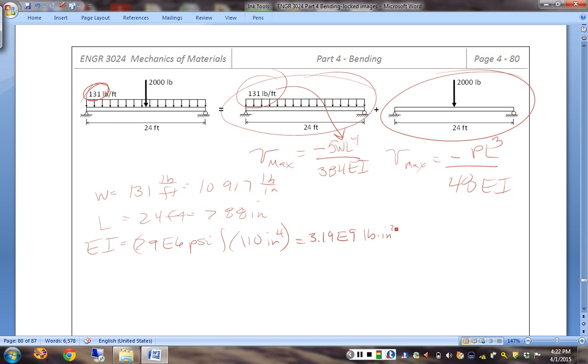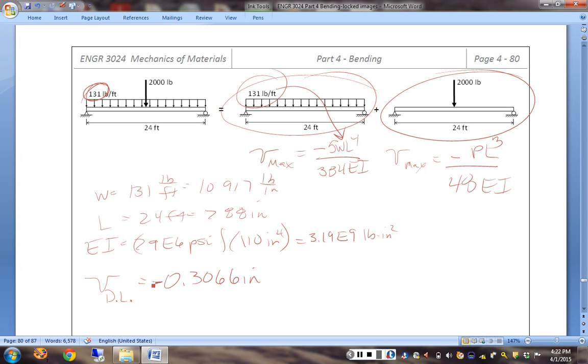And then we plug it all in and we say V, and I'm going to call that DL from the distributed load, ends up being 0.3066 inches downward. So that EI was like a special one.